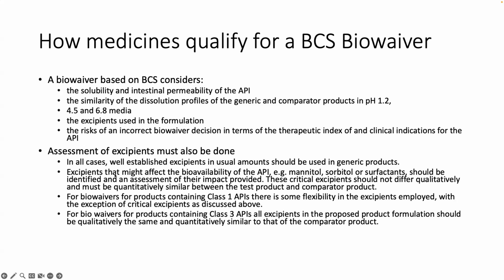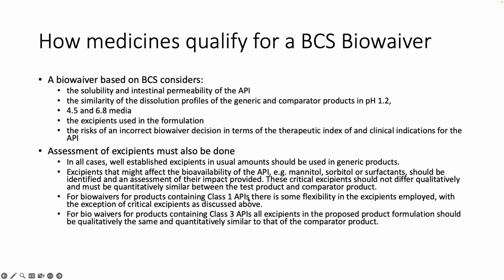It's either your formulation is bad, or there's something wrong with the way you're compressing your tablet. Excipients that may affect bioavailability must be identified, and if that is different in your tablets to that of the innovator product, you must be able to provide reasons why that is so.